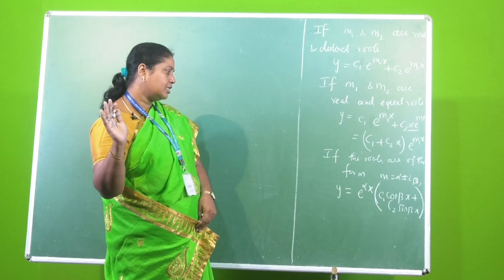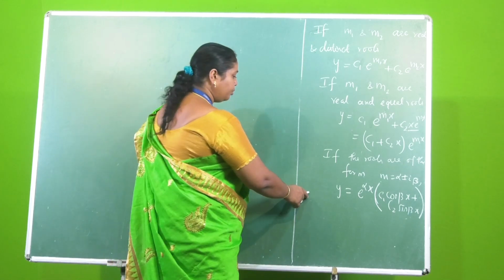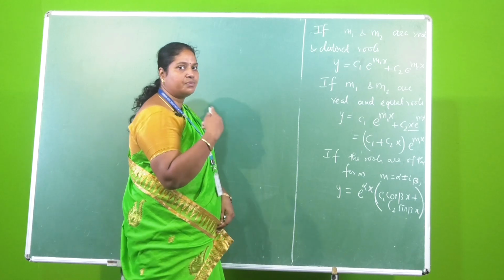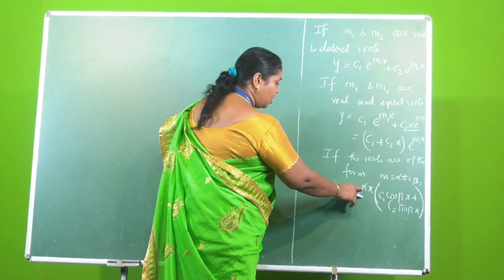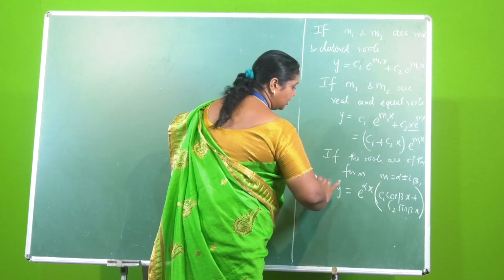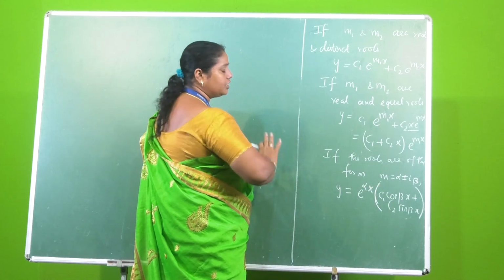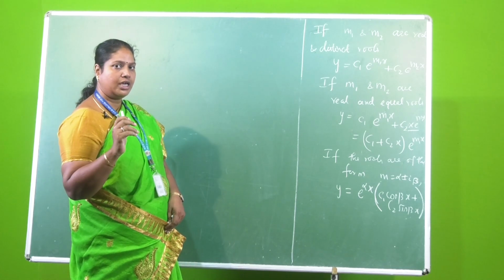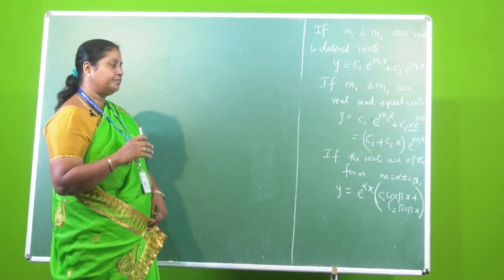So in this case, the general solution will be of the form y equal to e power alpha x into C1 cos beta x plus C2 sin beta x, where alpha is the real part and beta is the imaginary part. And in all the cases, C1 and C2 are any arbitrary constants. That's your wish, you can choose any values of C1 and C2.